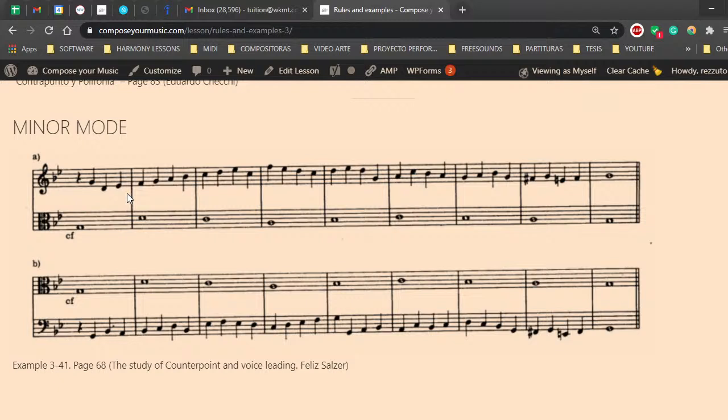Well, in counterpoint, these rules apply as well. If you see the whole exercise, 1, 2, 3, 4, 5, 6, 7, almost the whole exercise, he doesn't use any raised notes, just in the cadence. So the same rule applies.